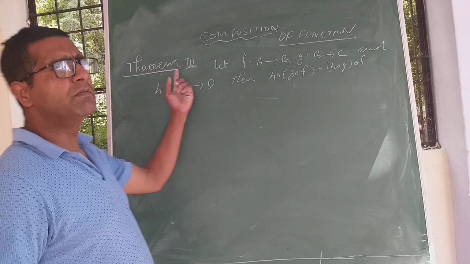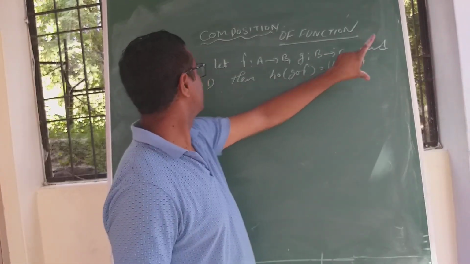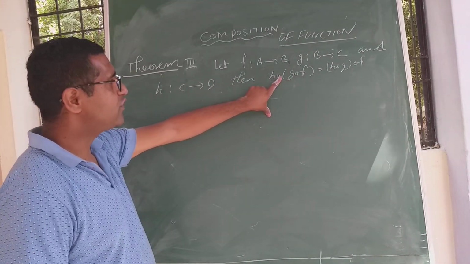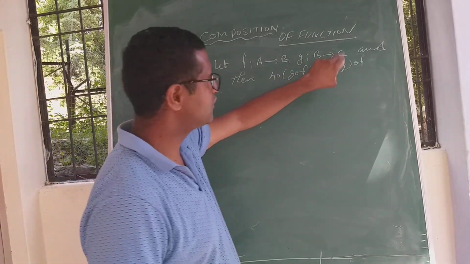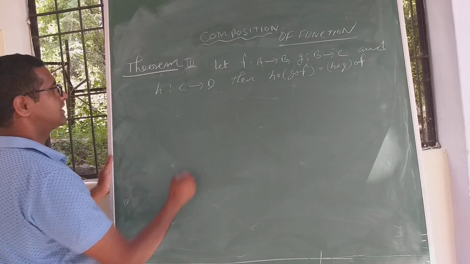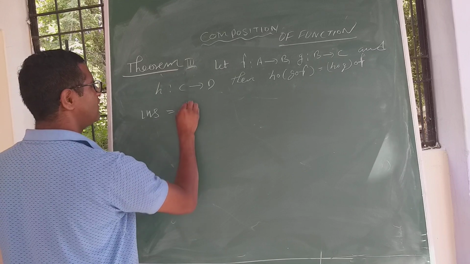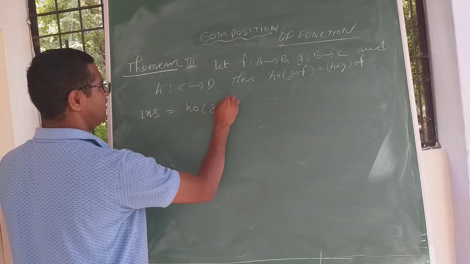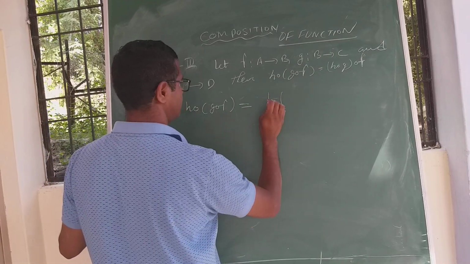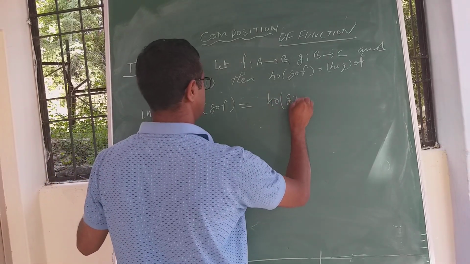Now come to the third theorem. Let f from A to B, g from B to C, and h from C to D. Then we have to prove that (h∘g)∘f equals h∘(g∘f). Let us see. LHS equals (h∘g)∘f, which is h of g of f(x).